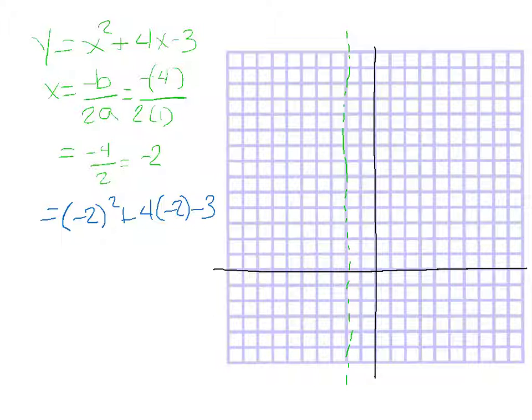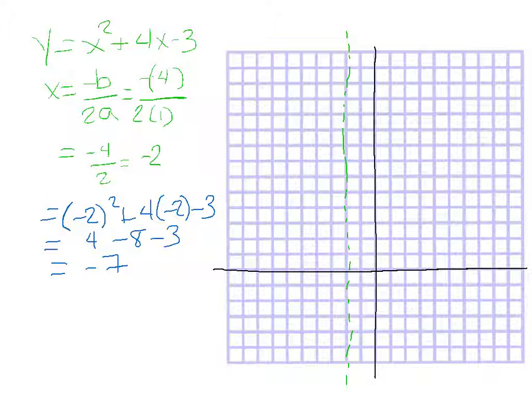So I'm plugging in my x value of negative 2 into my original function, which is what we're graphing anyway. Now my math gives me 4 minus 8 minus 3. That gives me negative 7. So my vertex then is at negative 7 on the axis of symmetry.